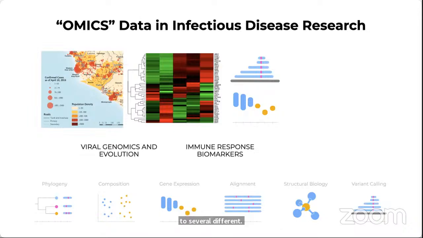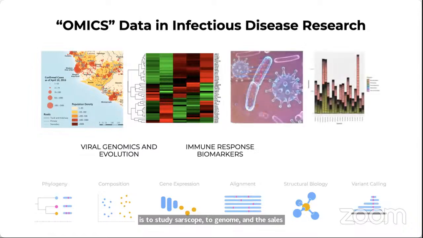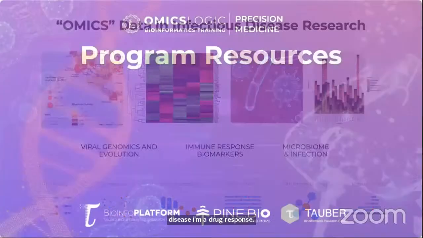Another example that we will consider is to study the SARS-CoV-2 genome and the cell's responses, as well as how metagenomics or microbiome data is associated with the disease and drug response. So these are also what we will consider in this program.